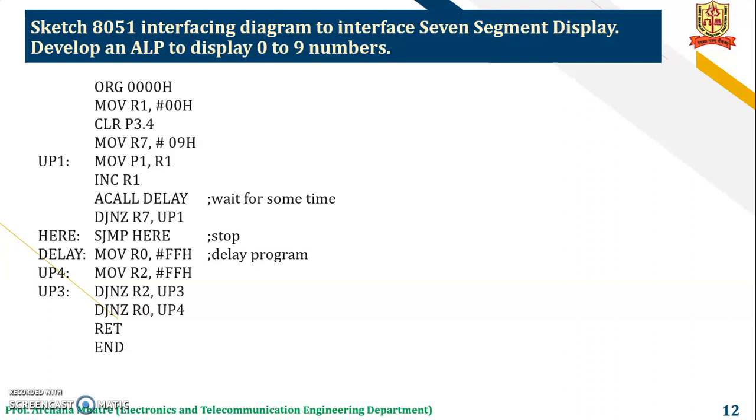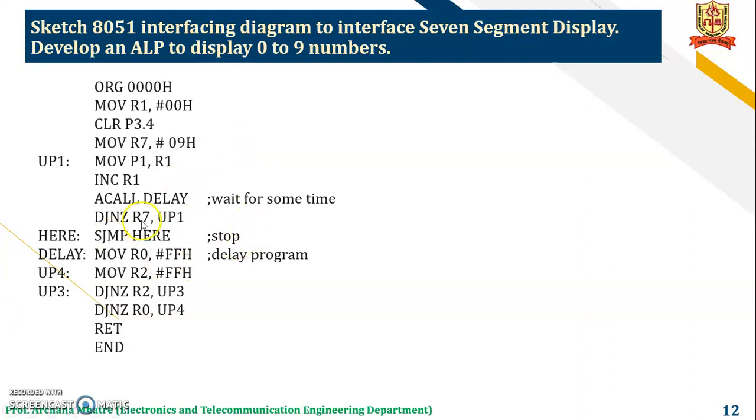So for displaying the numbers 0 to 9, first the number 0 should be moved into the R1 register, then the number 09 moved to the R7 register, then the R1 value should be moved to the P1 register, as the 7-segment is connected to port 1. So the port 1 value should be 00, then increment R1, that is increment the value from 00 to 01, and then call delay.